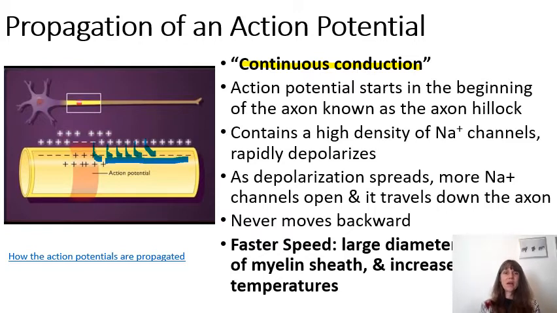Again, action potentials with continuous conduction can occur faster when the diameter of the axon is larger and when the temperature is higher. With myelinated axons, we have faster propagation, but that is not continuous conduction.